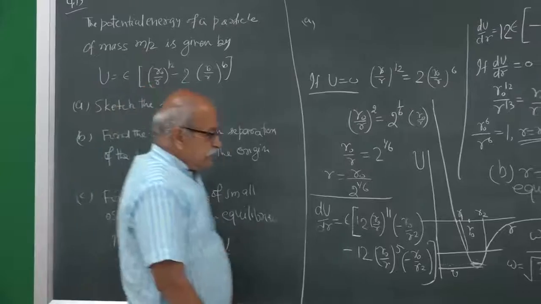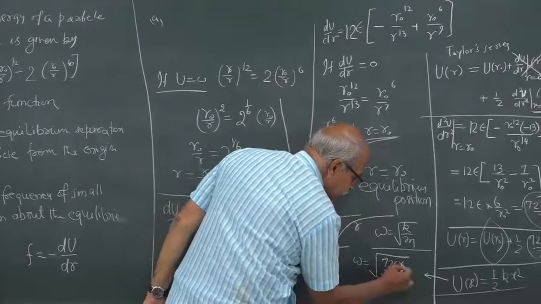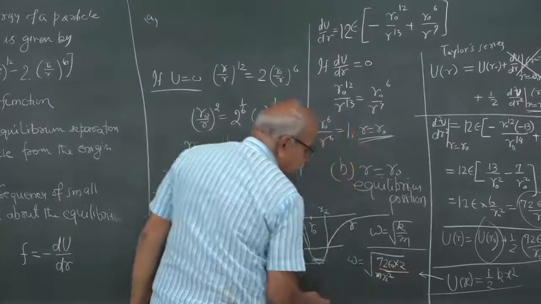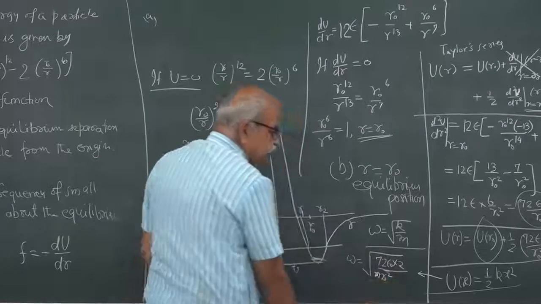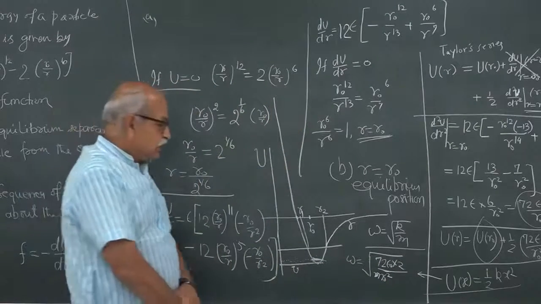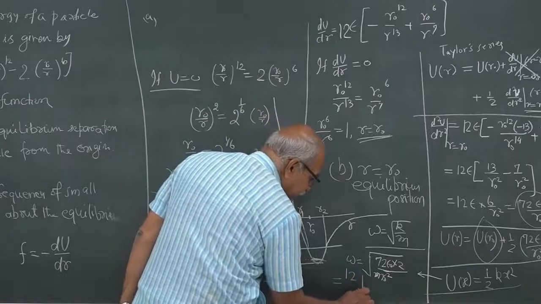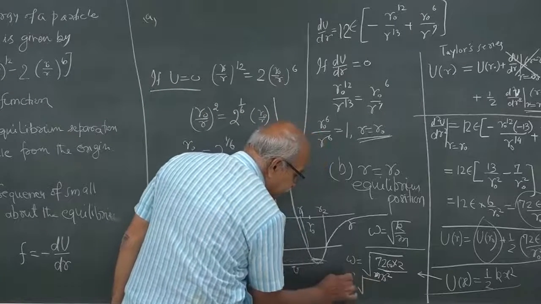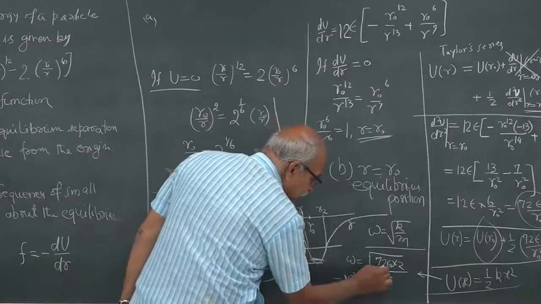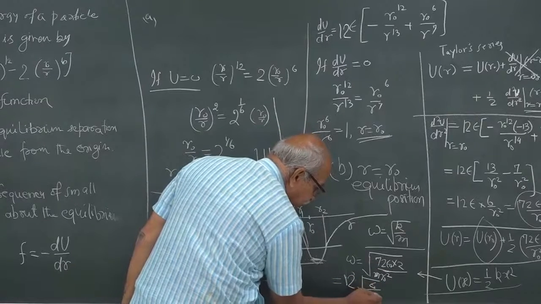So, we divide by m by 2. I put m here and 2 here, and 72 into 2 is 144, a perfect square, square root is 12. So, this is 12 times epsilon naught divided by m r naught square.